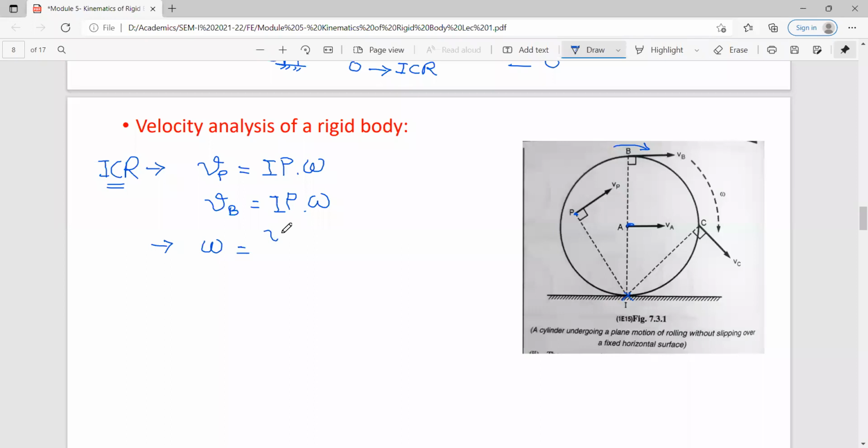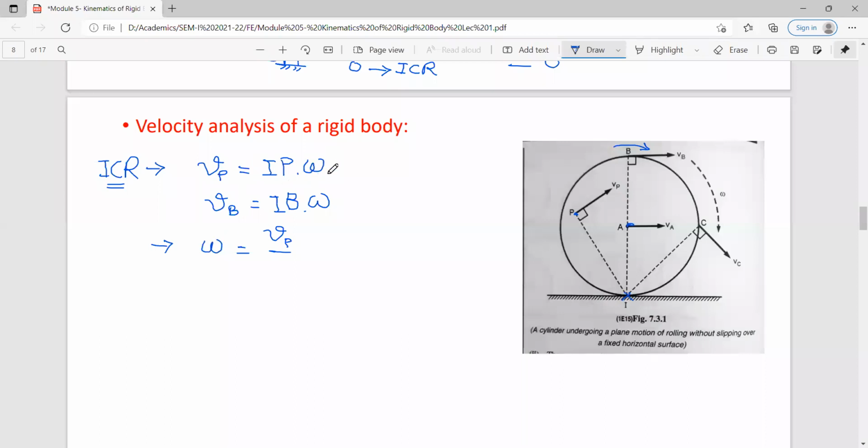So suppose I know the velocity of point P. Sir, that should be IB, right? IB, yes, correct. IB into omega, right? Please make the correction.